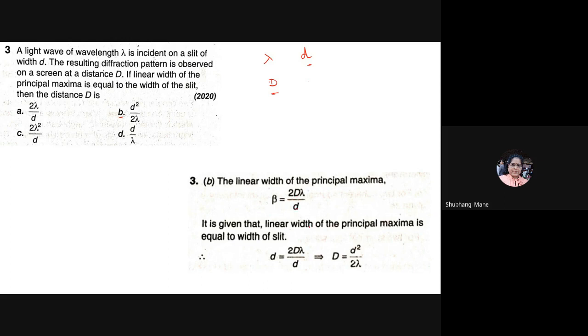It is given that linear width of the principal maxima is equal to the width of the slit, and therefore beta equals d. Substituting beta equals d, d equals 2D lambda upon d. Therefore D equals d square upon 2 lambda. So this is the correct answer.